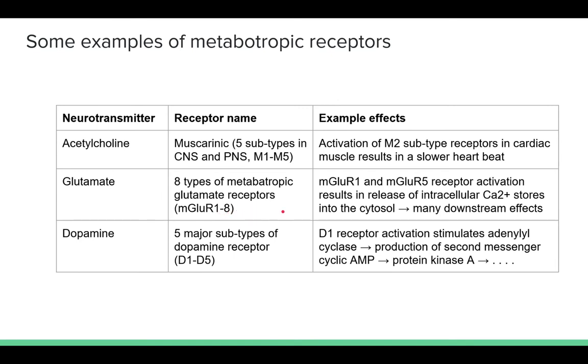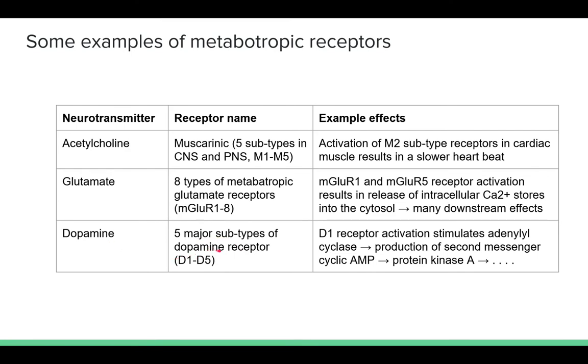If we look at an example of what these do, when both mGluR1 and mGluR5 are activated, the sequence of protein-protein interactions eventually results in the release of intracellular stores of calcium into the cytosol. Here, these are metabotropic glutamate receptors whose second messenger effects include calcium signaling inside the cell.